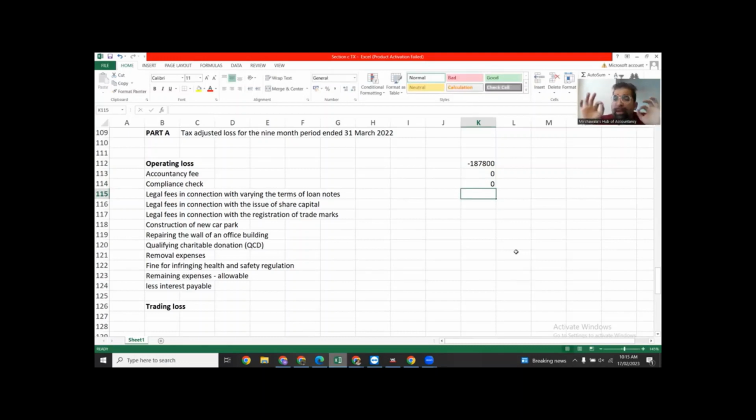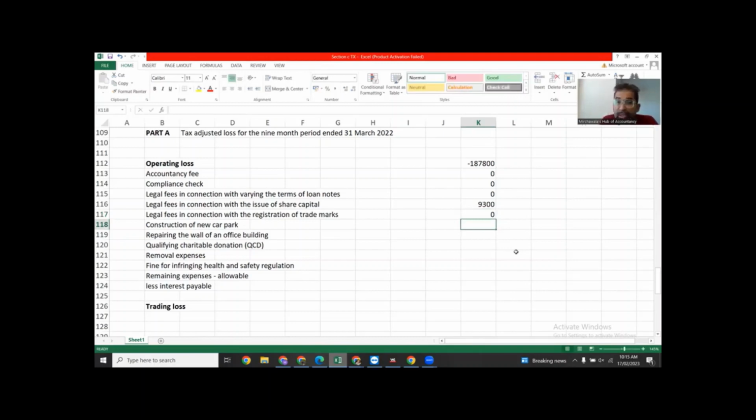It's also allowed. Legal fees for issue of loan note allowed, but legal fees for the issue of share capital is not allowed. That is 9,300. Okay, so we'll add back. Add means positive. Then legal fees in connection with the registration of trademarks, it's allowed.